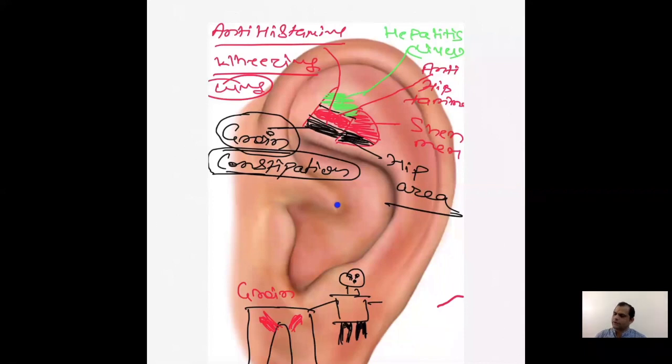Then ultimately we reach this uppermost part. We further divide it into three parts. This part is connected with blood pressure, so it is the point of high BP.